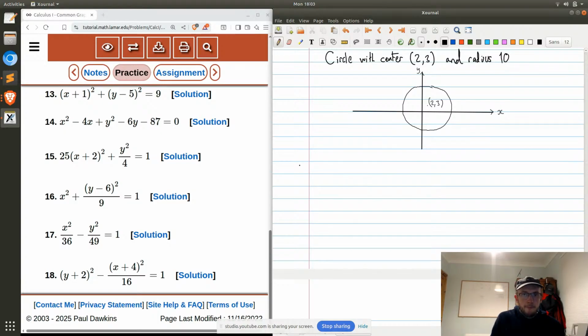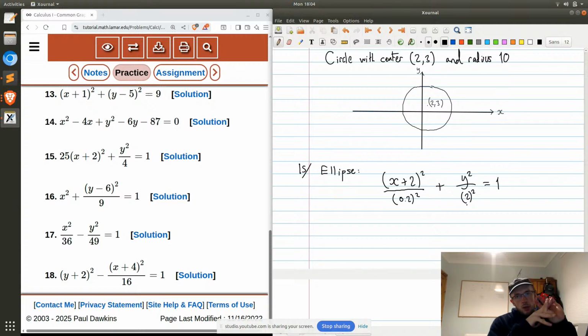So what does this mean? Is it taller than it is wide or wider than it is tall? So here's how I think about it.